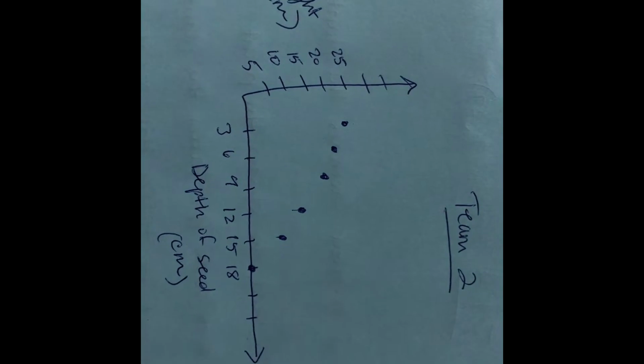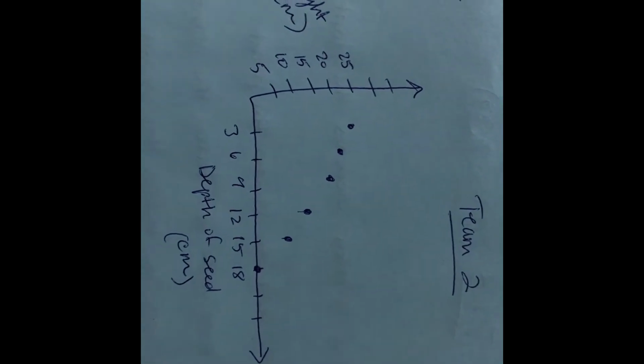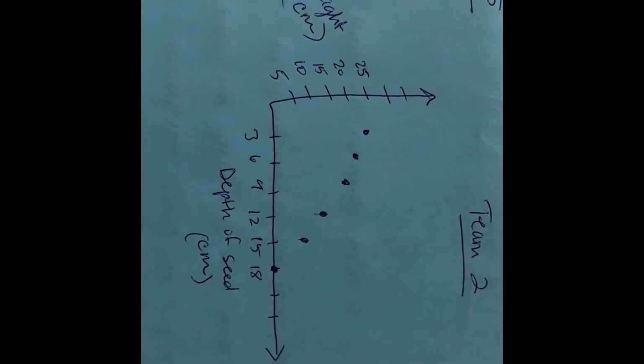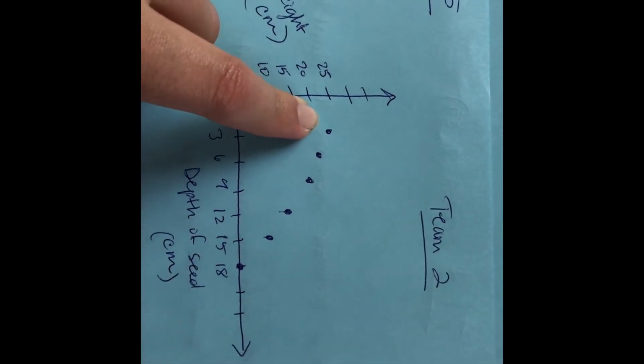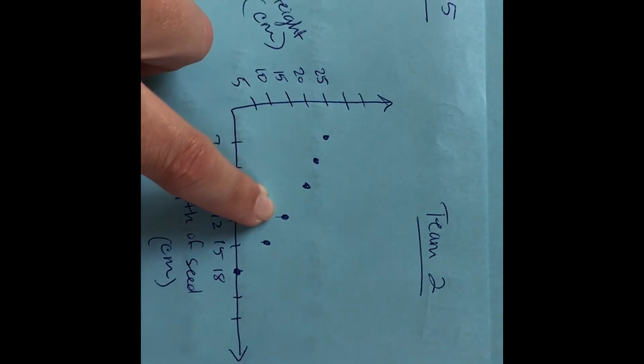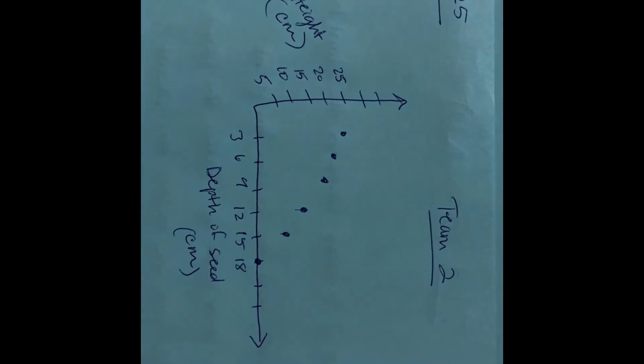Okay, so for the second graph, for Team 2, I'm noticing that as the depth of the seed gets larger, because here's the depth of the seed at 3, 6, 9, 12, the height of the seed gets smaller. Let's see, did I write that down?